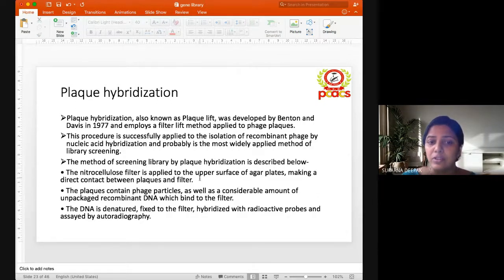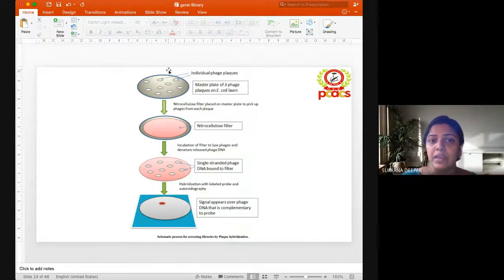The nitrocellulose filter is applied to the upper surface of your agar plates, so that there is direct contact between the plaque and the filter, and then the same thing happens again. You can see you have the plaques. Plaques are nothing but areas where viruses or bacteriophages, for example lambda phages, are growing on your lawn of bacteria.